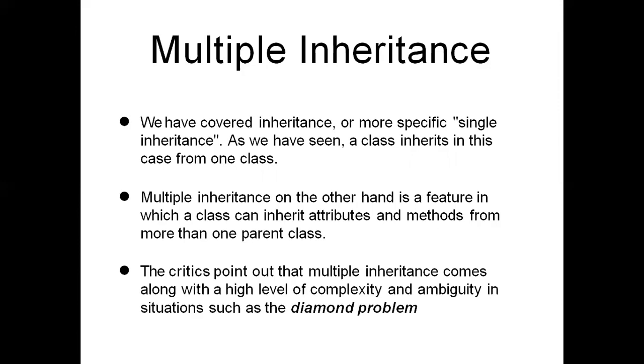Multiple inheritance, on the other hand, is a feature in which a class can inherit attributes and methods from more than one parent.